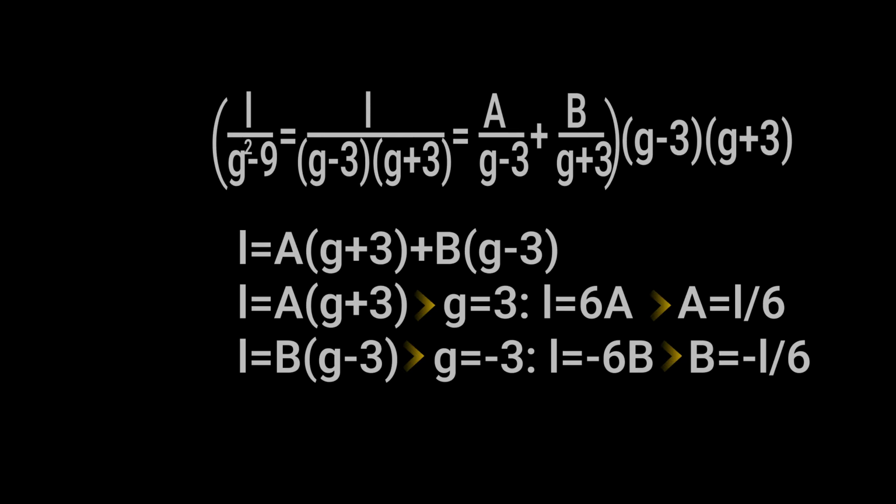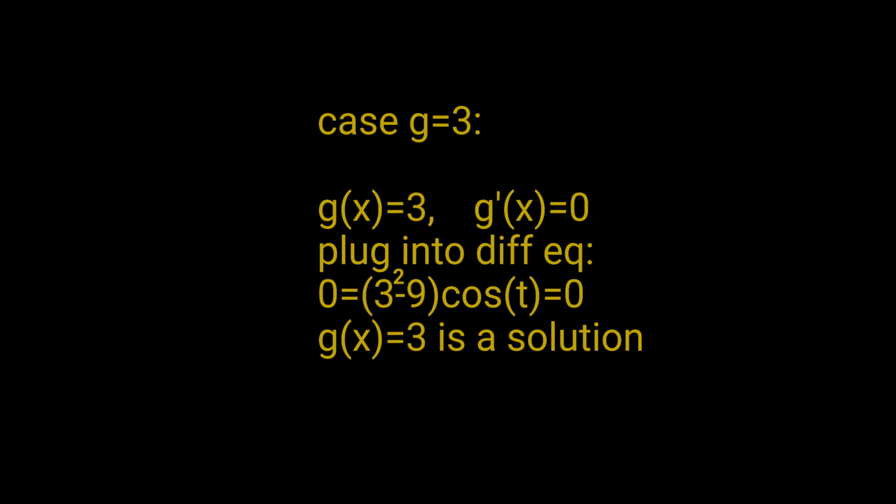Once we have values for a and b, we're going to plug back into the equation and integrate that part. I do have a case here: the case g equals 3. g of x equals 3, g prime of x equals 0. Plugging into the differential equation, 0 equals 3 squared, that is 9, 9 minus 9 is 0, 0 times cosine of x is 0, so g of x equals 3 is a solution.